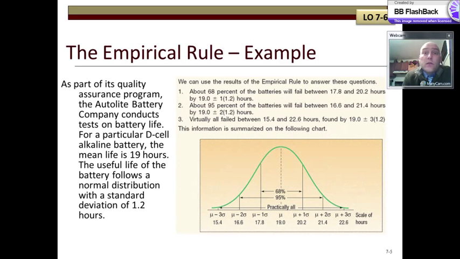When we go ahead and use the empirical rule here, we can see that, number one, about 68% fall within 16.8 and 20.2 hours. That's just taking the mean and subtracting 1 standard deviation or adding 1 standard deviation. About 95% fall between 2 standard deviations, and practically all within 3 standard deviations, 15.4 to 22.6.